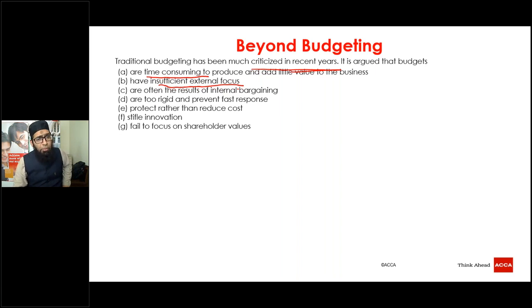They are often prepared as a result of internal bargaining. So the sales director is saying that the sales budget should be 1000 units, and the sales manager is saying that no, it should be 900 units. So they bargain with each other and they come to a conclusion that the sales budget should be 950 units. So it's not actually the planning part that we are preparing the budget. It is just a bargaining between the two divisions, the two departments.